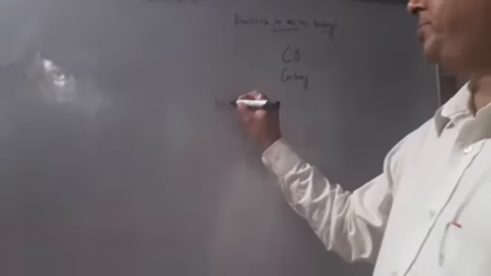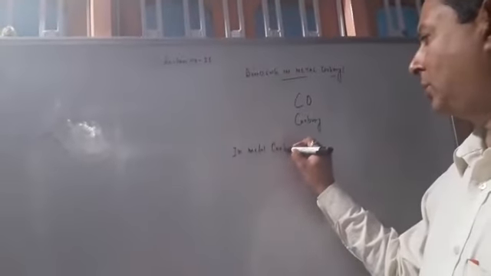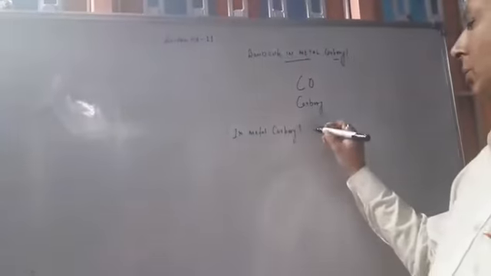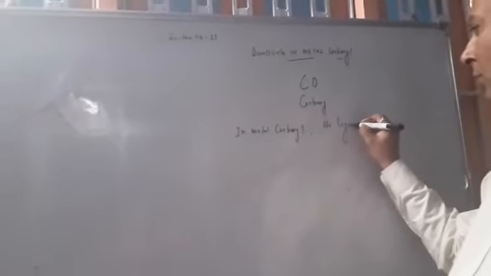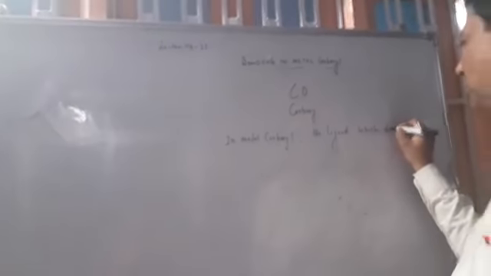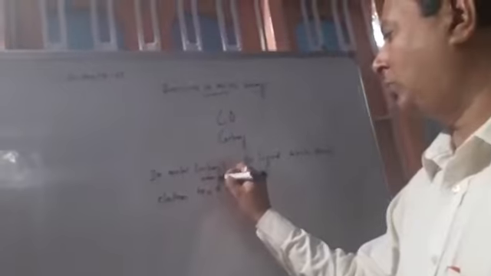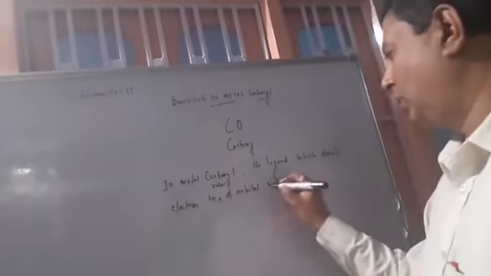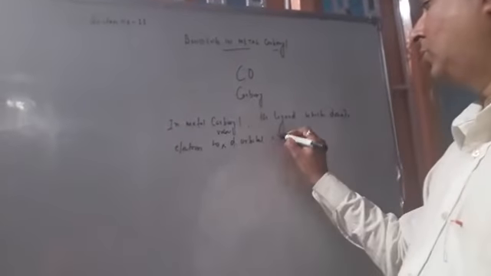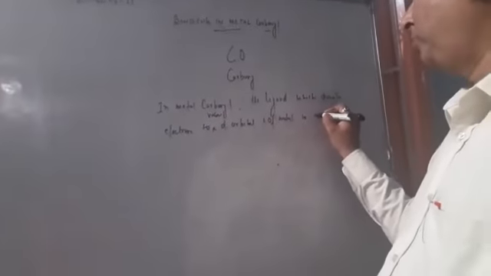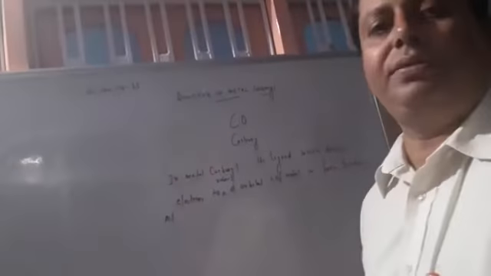In metal carbonyl, the ligand donates electrons to the vacant d orbital of the metal to form a sigma bond.